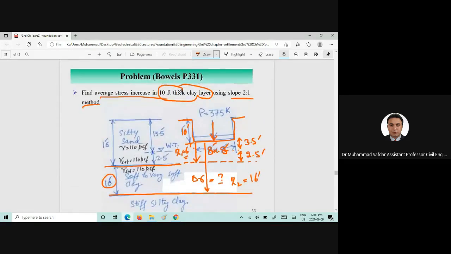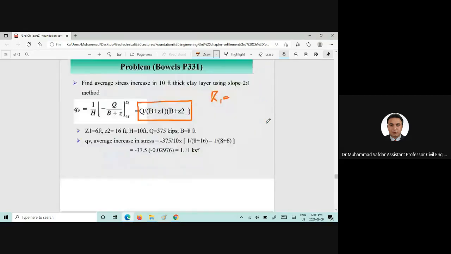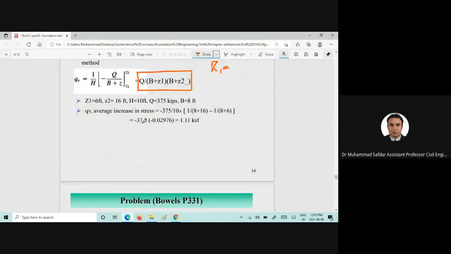Q is also given. Else we know the B, which is 8 feet. So if you plug in those values, you will come up with the delta sigma value of 1.11 kips per square feet.